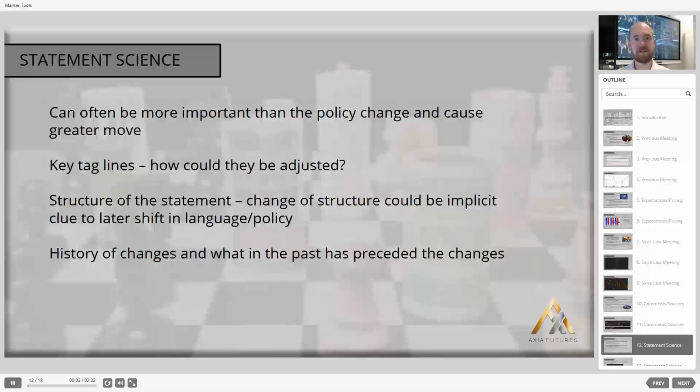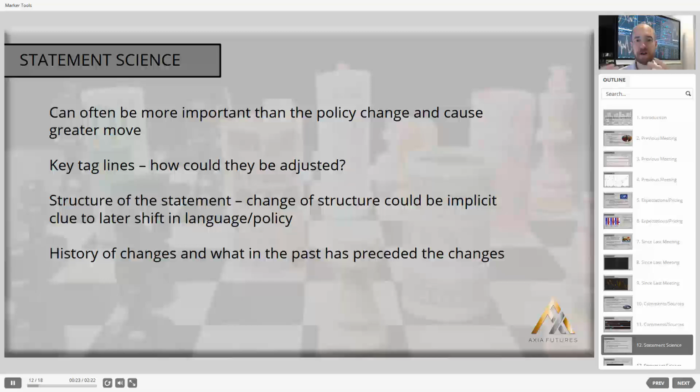Statement science. What do I mean by this? Statement science is the idea of looking at the construction of central bank statements. I said earlier, central banks will often produce a very formulaic statement that uses very similar phrases and a very similar structure.